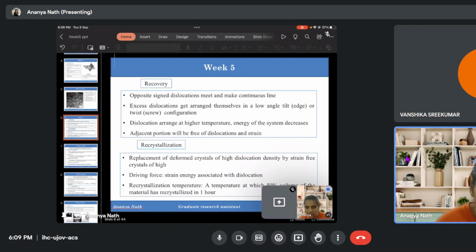And recrystallization means giving rise to new grains which are strain free. In the last class we talked about strain free grains. So what do we mean by strain free grains? Strain free means there are no dislocations present inside that particular grain.